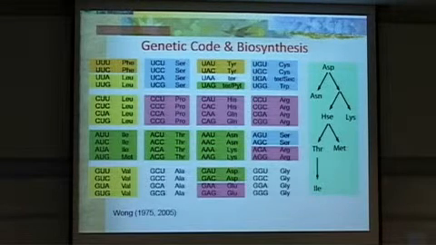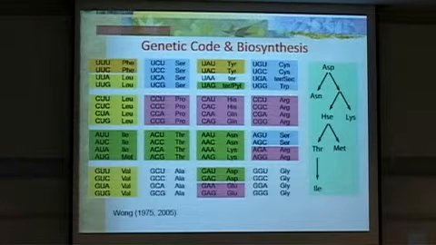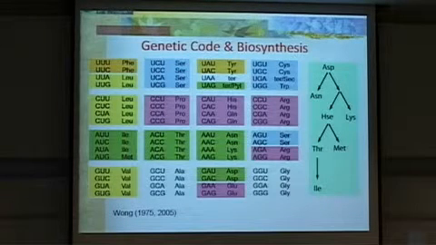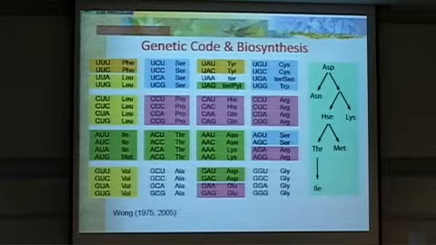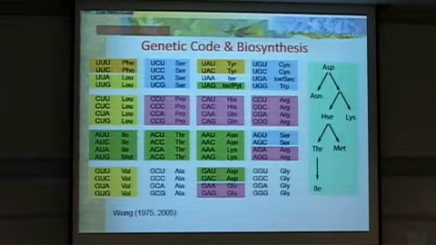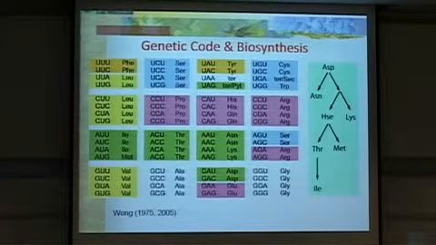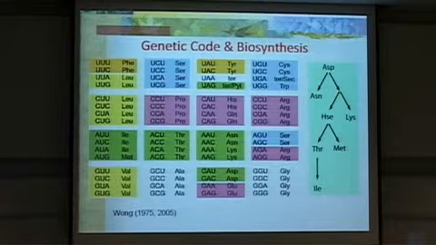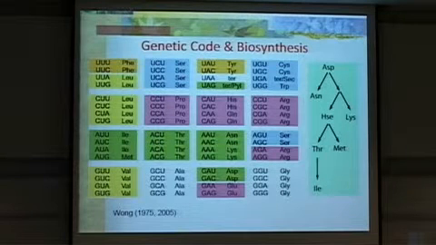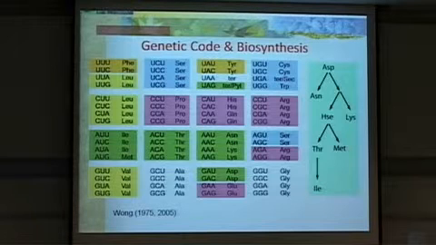And here, cysteine and tryptophan are derived from serine. So this block used to belong to serine, and this becomes a contiguous serine domain, because as long as they are in the same column or same row, that means only one code letter different. And also, this is selenocysteine.